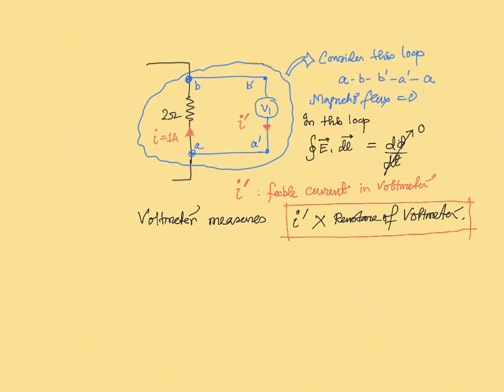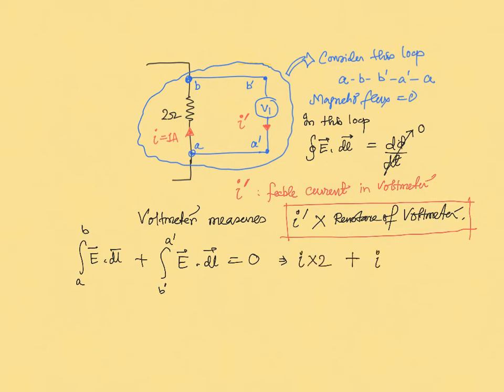Okay. So for this loop, A to B, E dot dl plus B dash to A dash, and then E dot dl, that is equal to 0, because here the magnetic flux is equal to 0. B dash and B is the same point actually. So A to B E dot dl is I multiplied by 2.